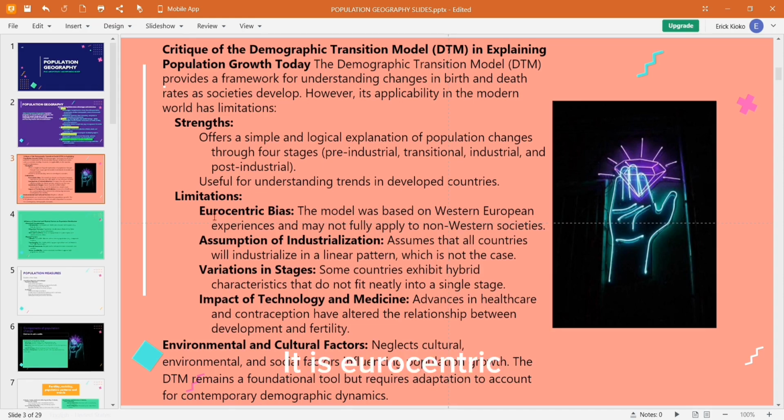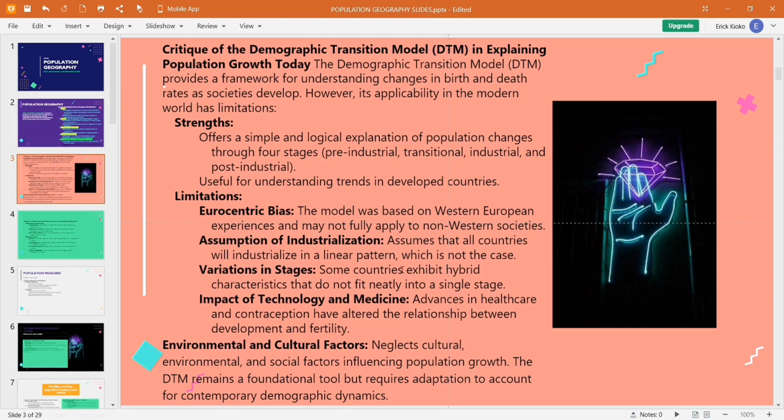It is Eurocentric. We know that the model came from European countries. So, if you are in Africa, it is somehow Eurocentric. Assumption of industrialization: it assumes that all countries will industrialize in a linear pattern.